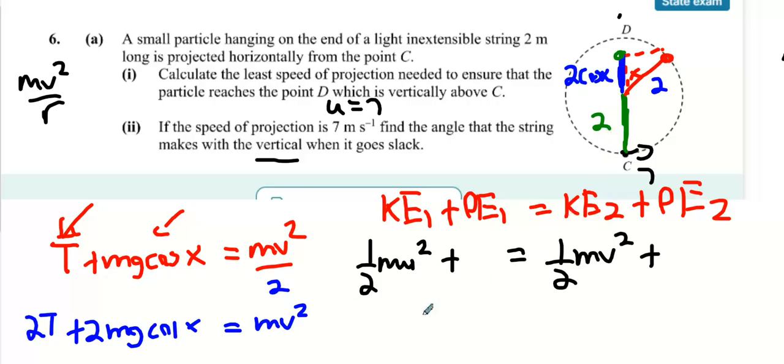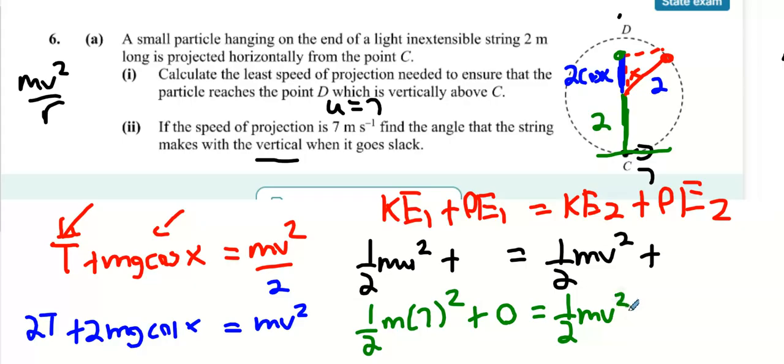Agreed? So here we go. We start off on level ground and it's a half m times 7 squared. Happy at 7 squared? Cool? Okay. Plus mgh, which is 0.